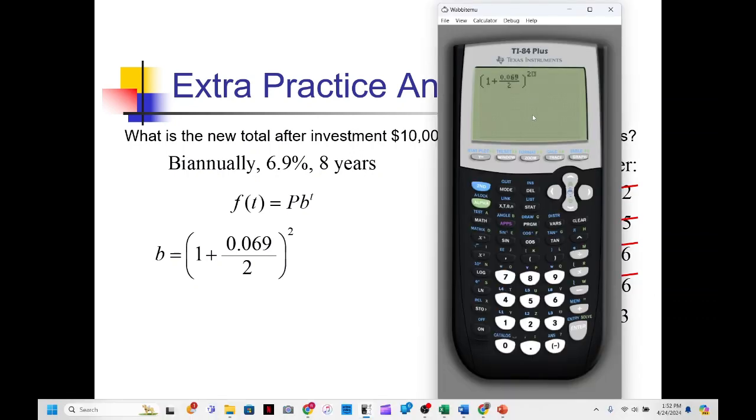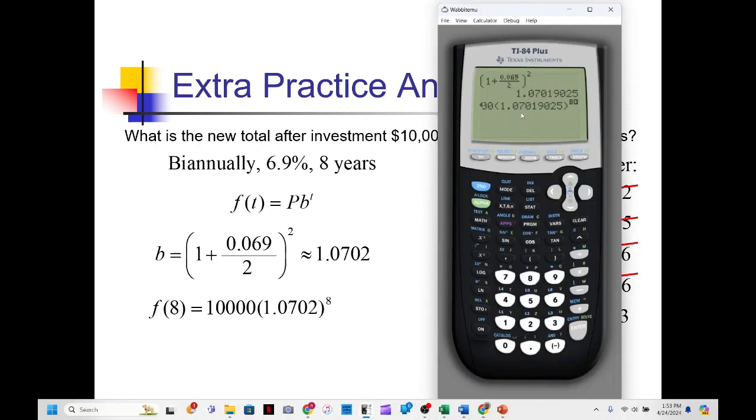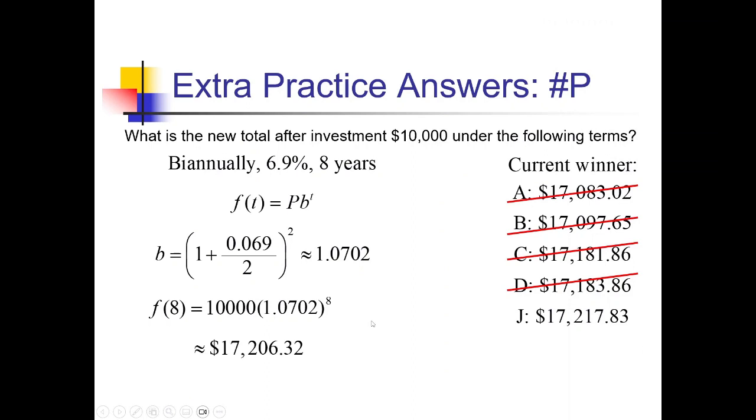So our B value for this one is going to be 1.0702. So 10,000 times that to the 8th power then, which, according to my calculator, is going to be $17,206.32. So it's getting close here. This is not that far away from Plan J, but still not better than Plan J.